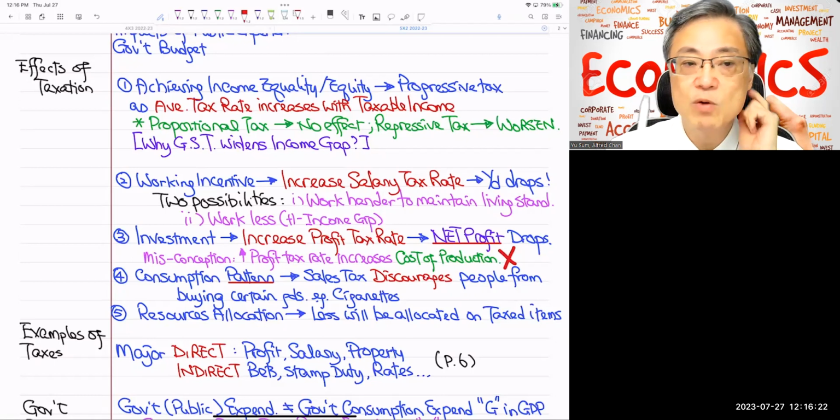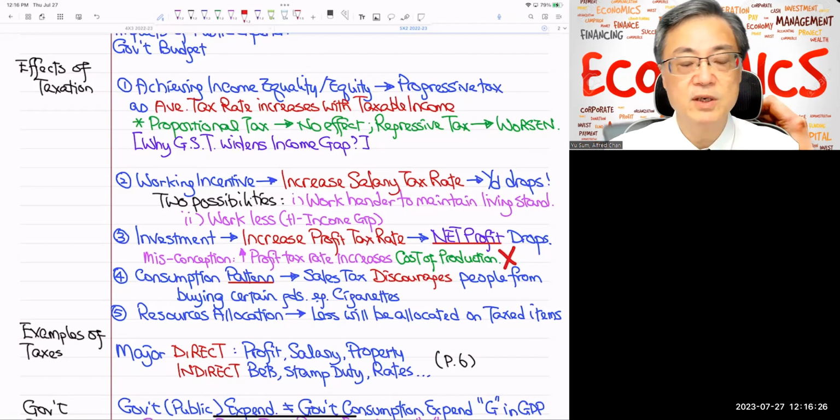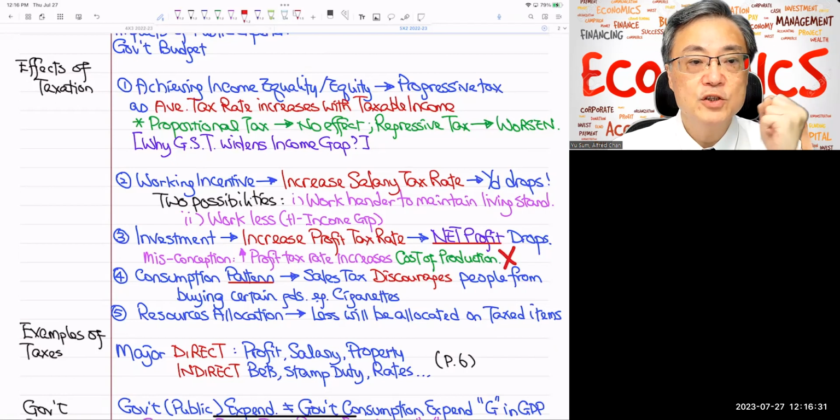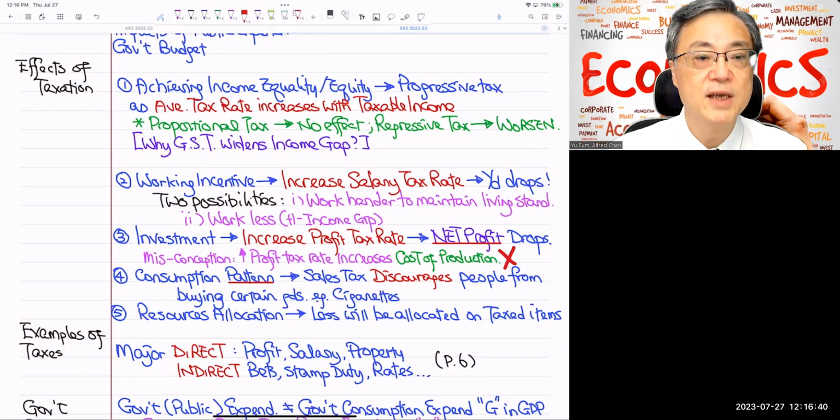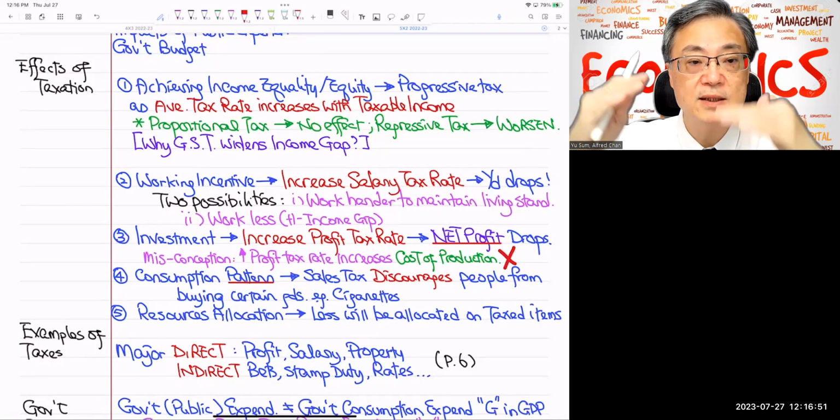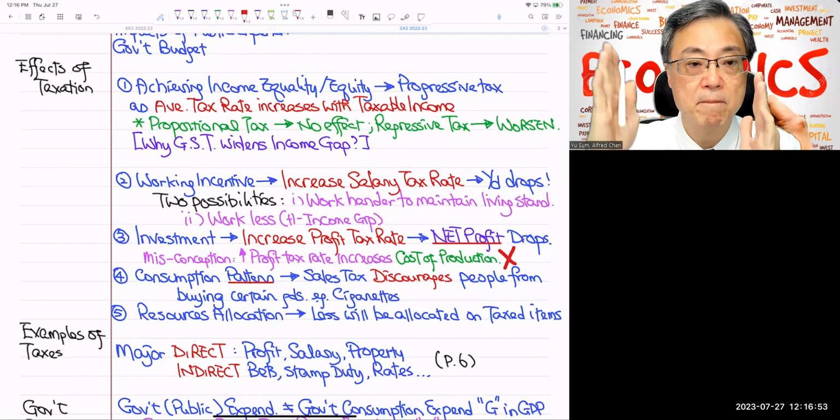Now, remember, when you do a comparison, for example when you're talking about progressive and regressive tax, about who is paying a higher proportion of their income, you have to mention both parties. Don't just say the high income group will be paying a higher percentage of their income as tax. Because you're doing a comparison, you are saying something in relative terms, so you must have a target to compare with.